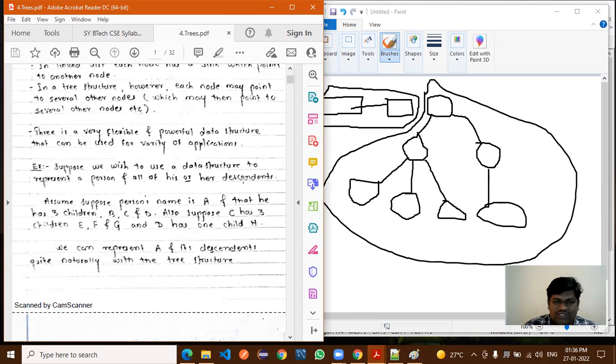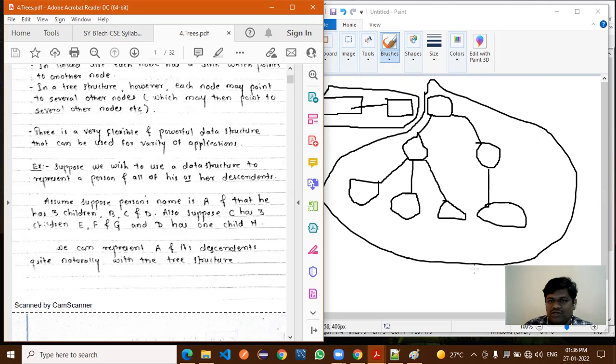Now how to represent this tree? We can represent A and its descendants quite naturally with the tree structure, right? So whatever descendants we have considered, how many child nodes are there for A here, as per this example?